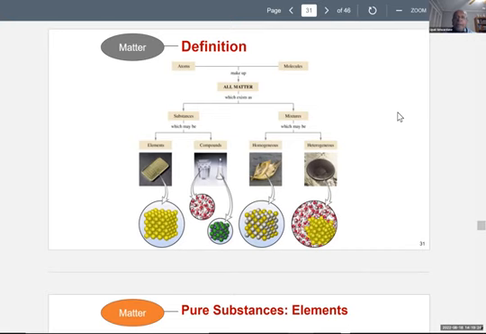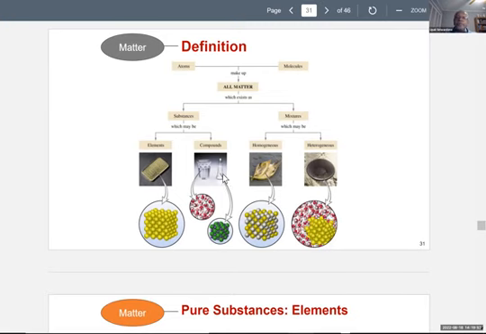In a compound, there are two or more elements. In this diagram for compounds, the first one is water in a beaker. Water is a compound. Why? It is a molecule composed of two hydrogen and one oxygen.